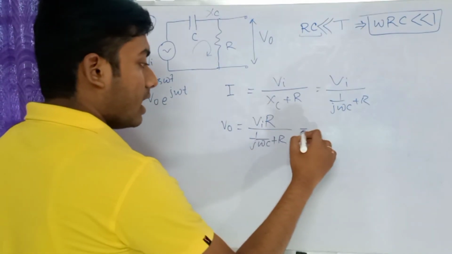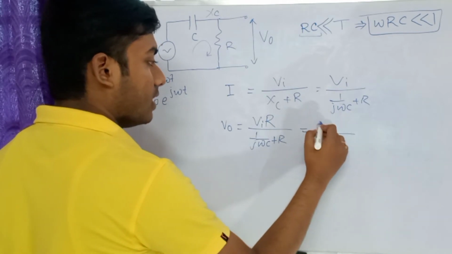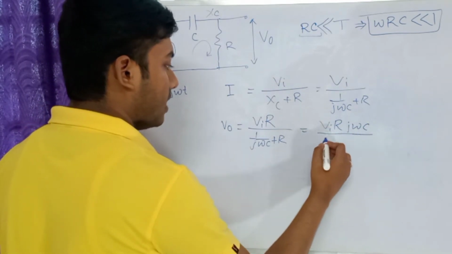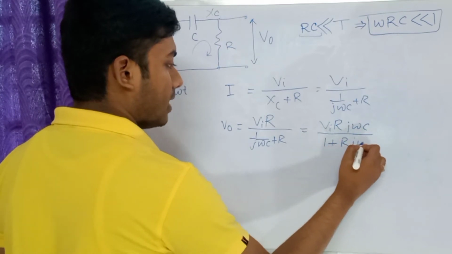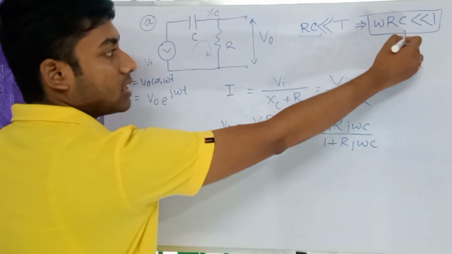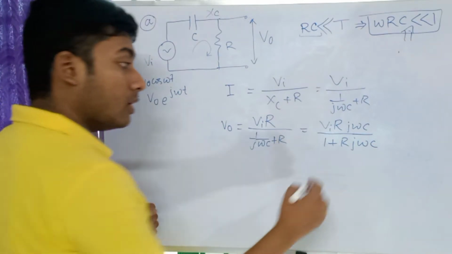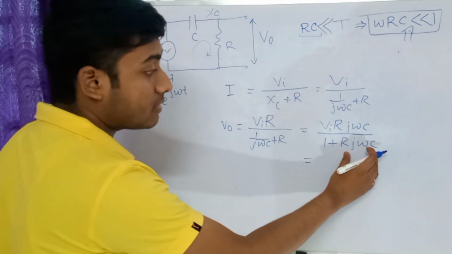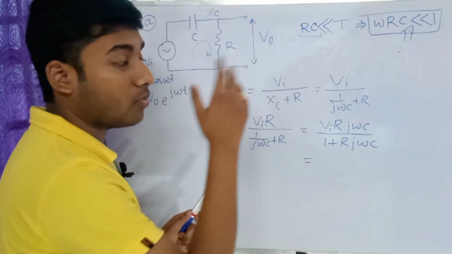I can rearrange this as Vi times R j omega C divided by 1 plus R j omega C. If we put the condition here, I can neglect R j omega C as it is very small compared to 1.